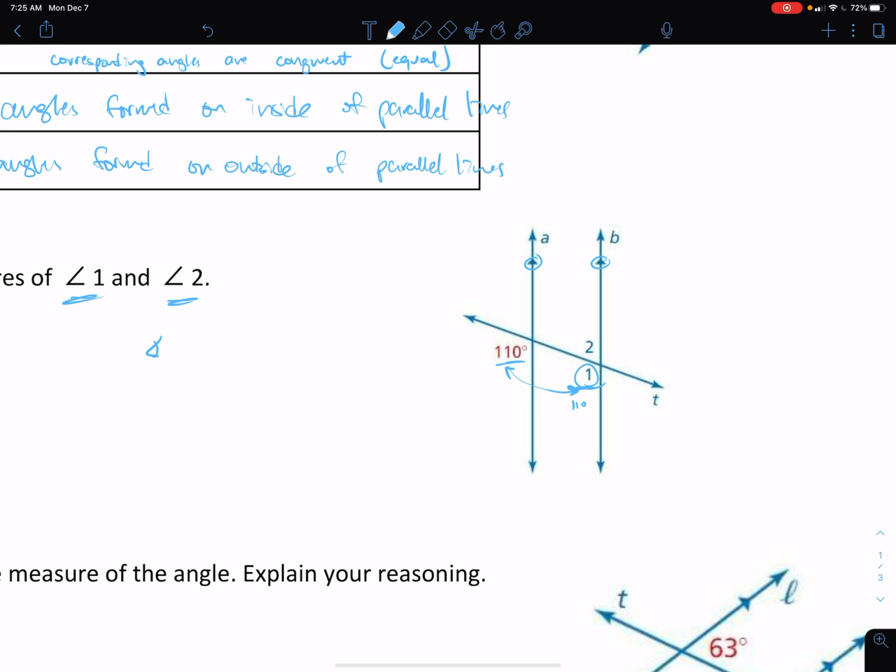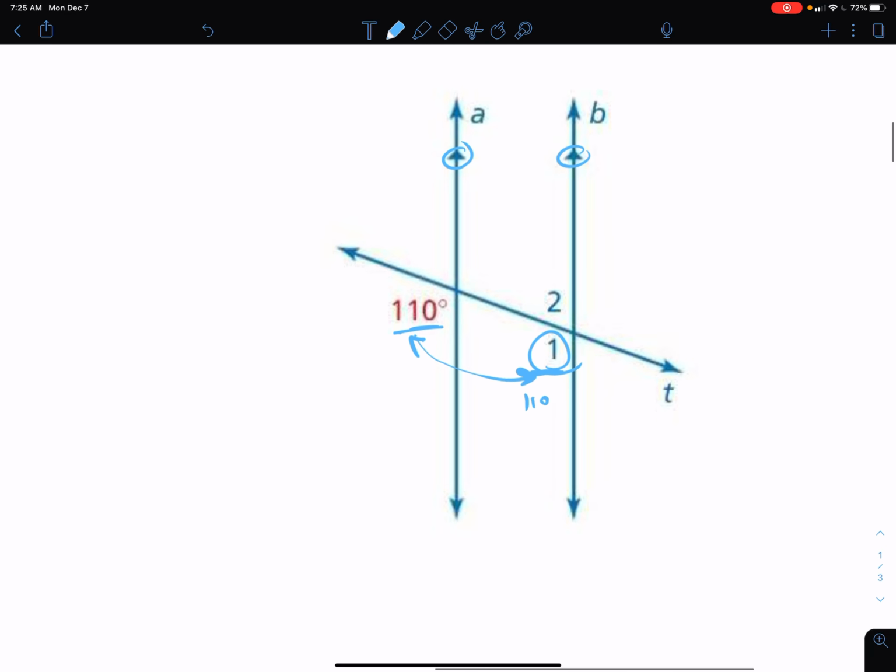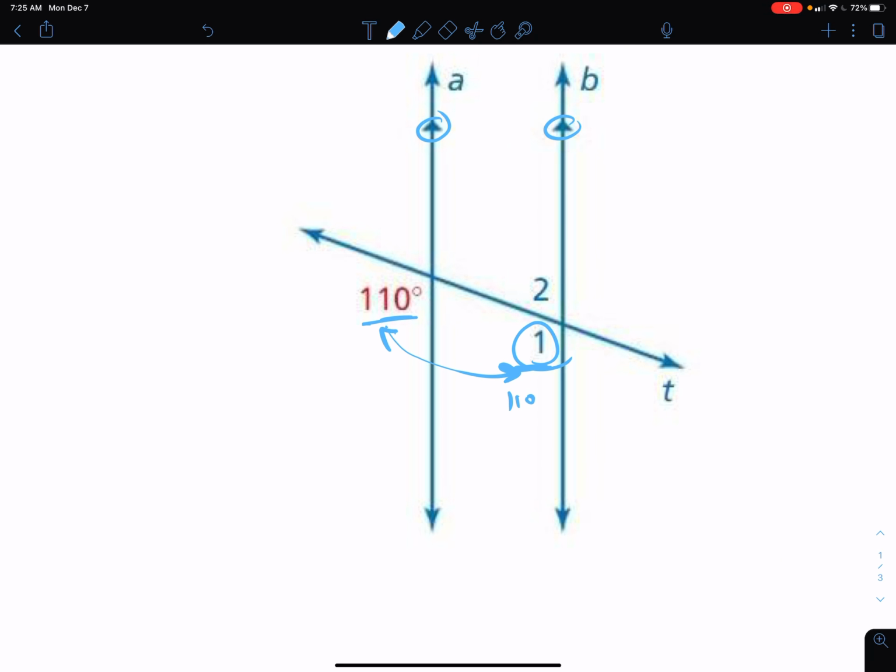I'll just write my angles. Okay. Angle 1 is 110. How can I figure out angle 2? Do we remember complementary and supplementary? Yes. If not, that's okay. So remember, a line is always 180 degrees.